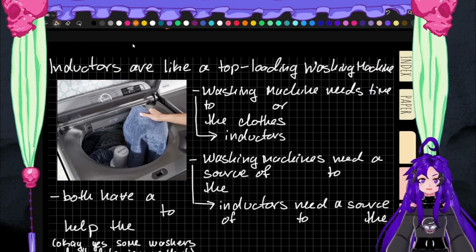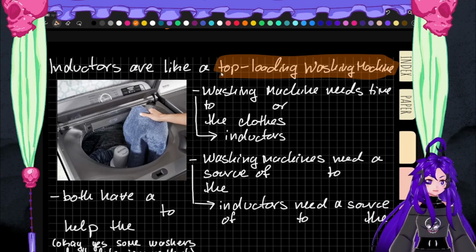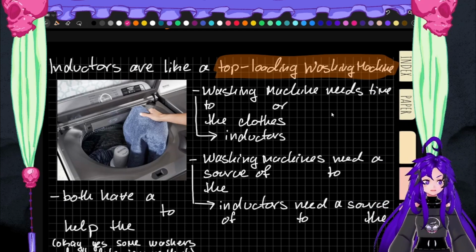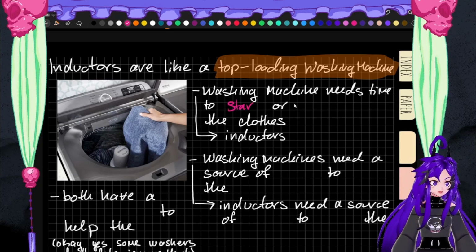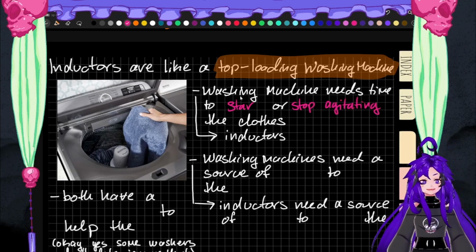So inductors are like top-loading washing machines, and let me explain that before you fall out of your seat. Washing machines need time to start or stop agitating the clothes.